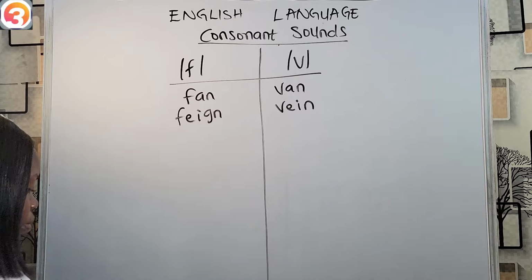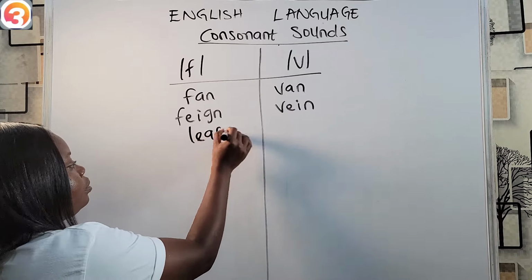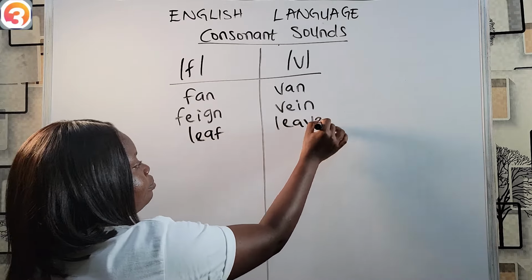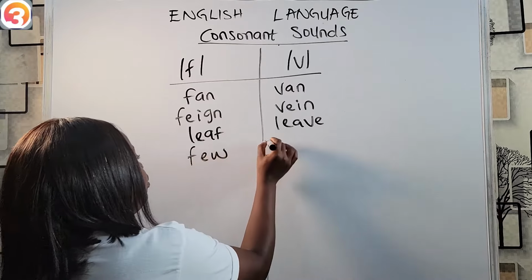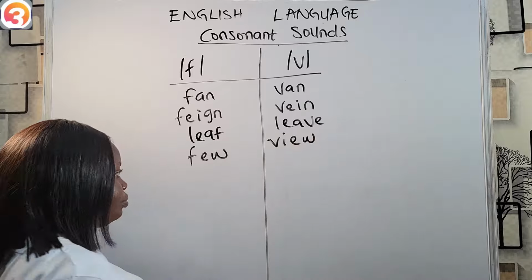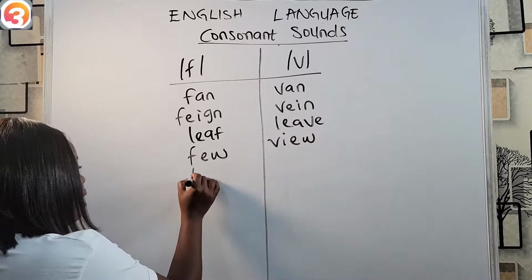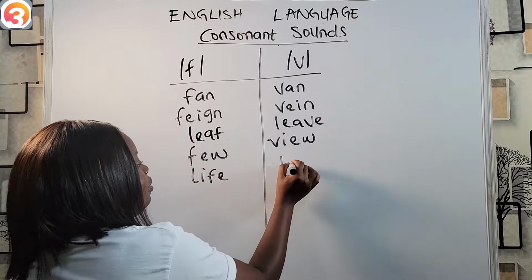sounds. We have leaf, leave. Here we have few, view. Words like life, live.